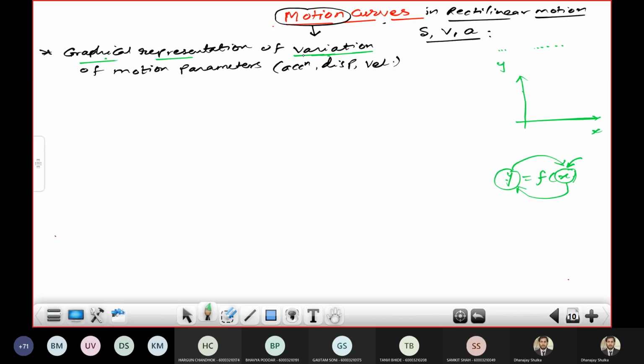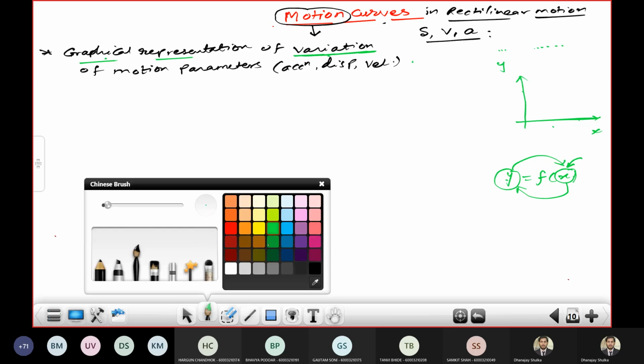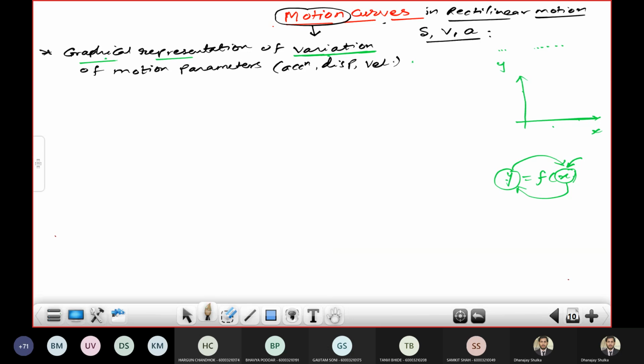So variation is always with respect to some other independent parameter, and we are going to call that time. Now you can read this definition: graphical representation of variations of motion parameters, and the motion parameters remain the same, that is acceleration, displacement, velocity.